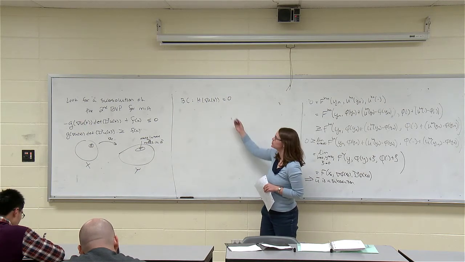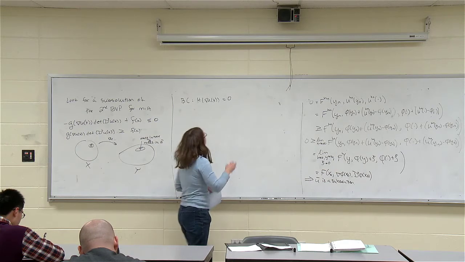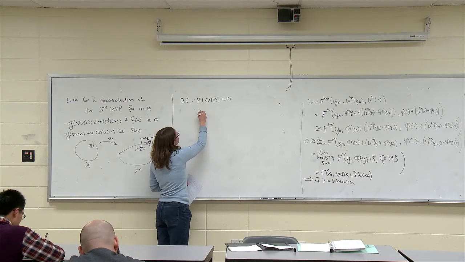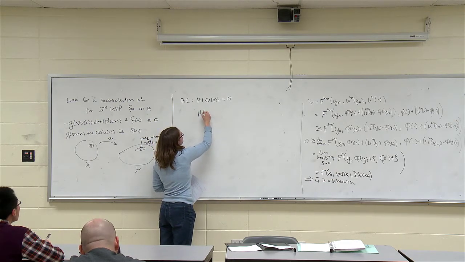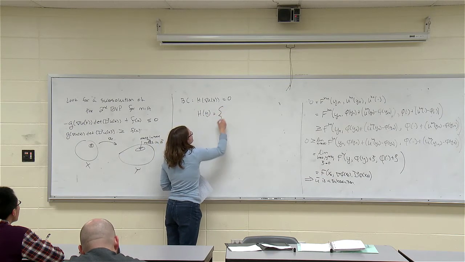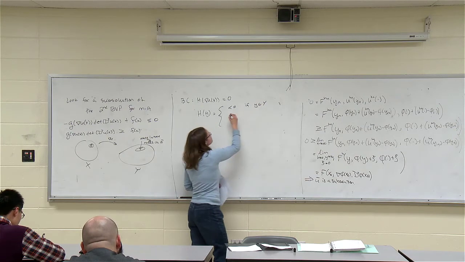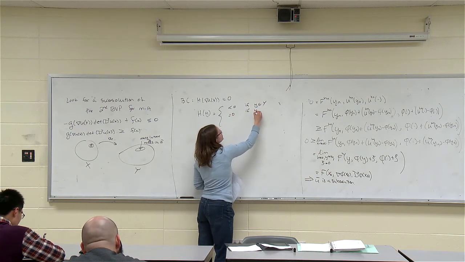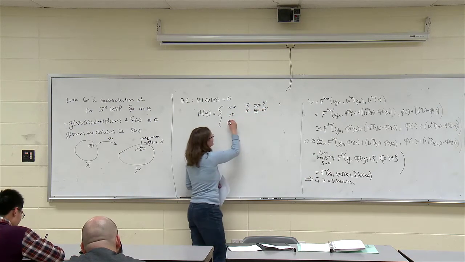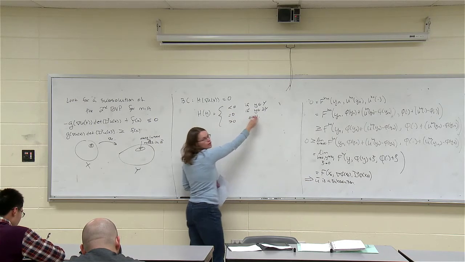Right, so remember h was this signed distance function. What was important was that h of y was less than 0 if we're in the target, equal to 0 if we're on the target boundary, and bigger than 0 if we're outside.